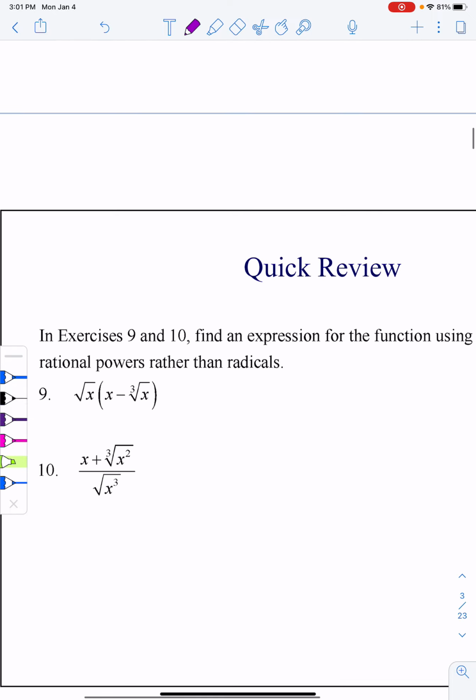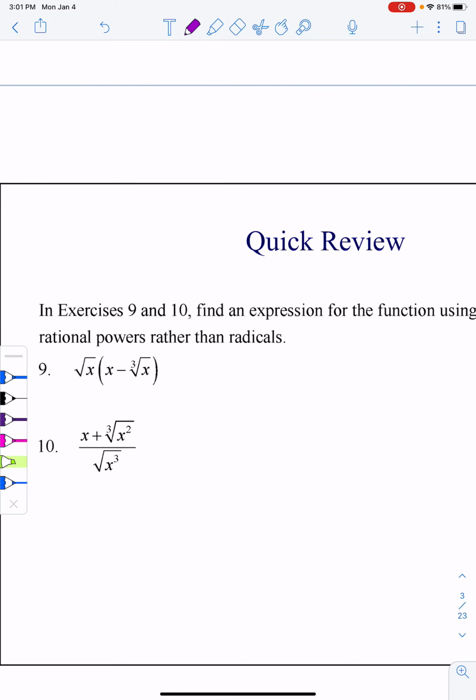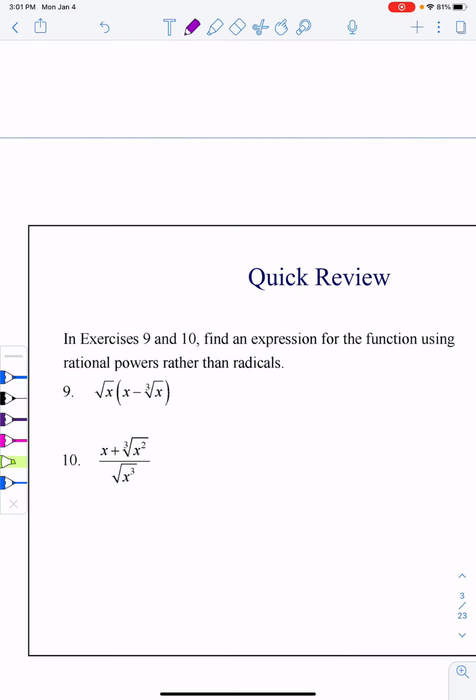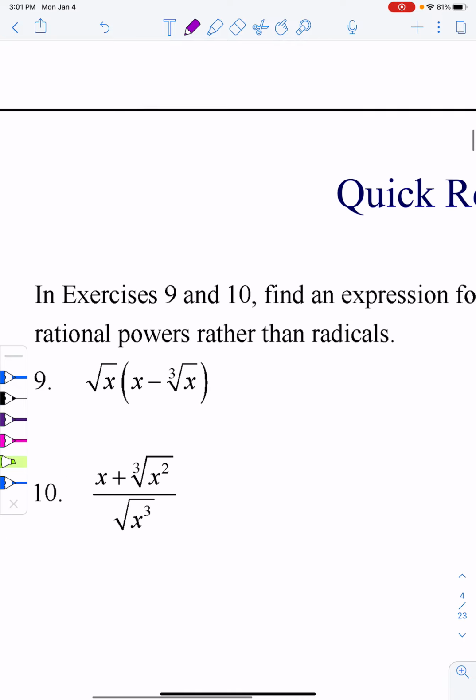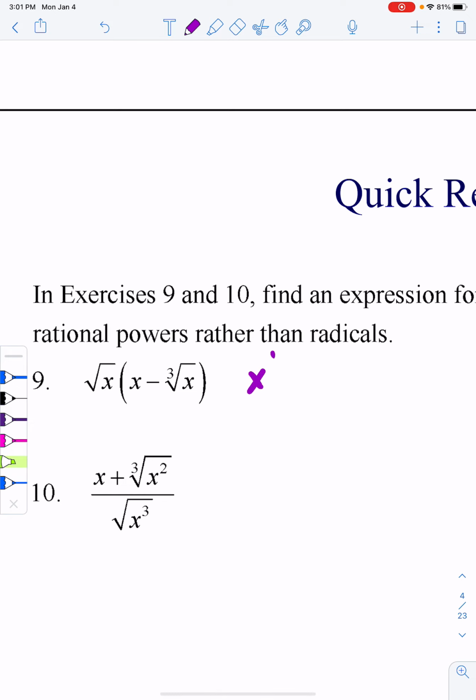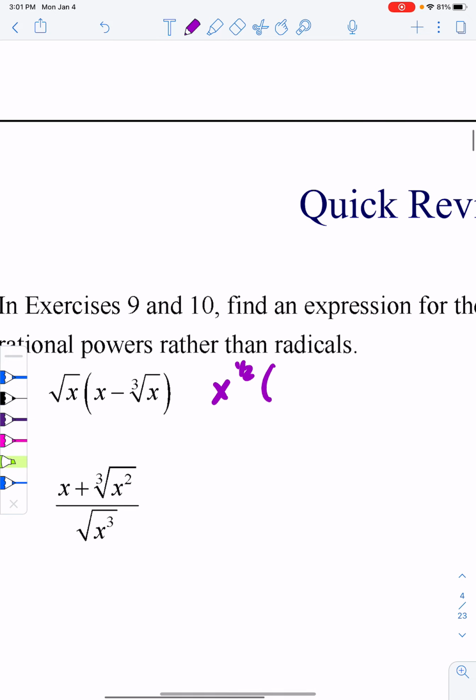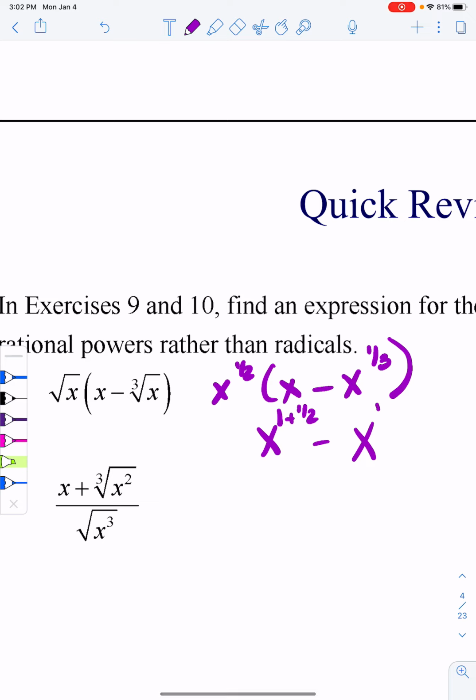The other thing that is an important skill is to be able to go back and forth between rational powers and radicals. And so in this case, for example, this would be x to the 1/2 times x minus x to the 1/3, and then you would distribute. And so when you multiply, you'd get x, and this would then become 1 plus 1/2, minus x times 1/2 plus 1/3.